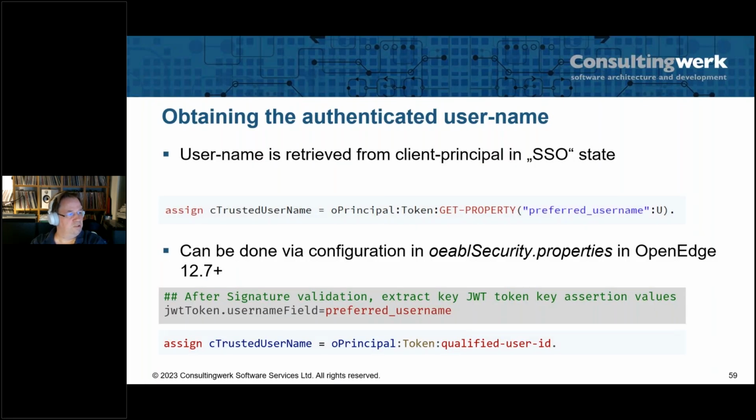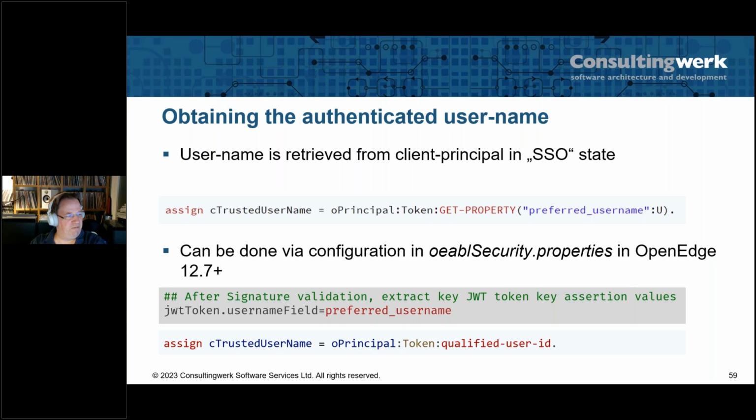So to obtain then the authenticated username, we can use the get property method of the client principal. In this case, the client principal, which is normally a handle-based object, but Progress also provides a class wrapper to it.